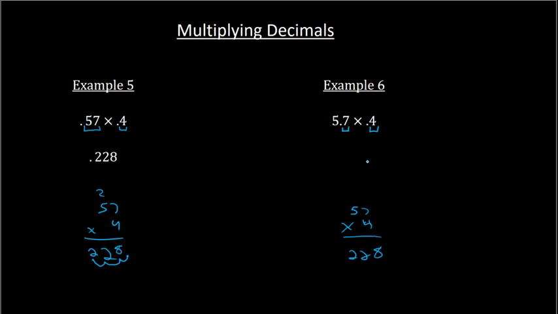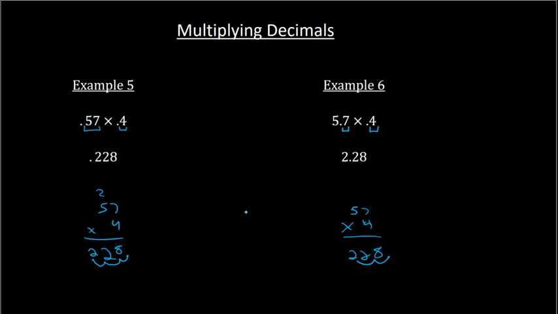So together we have 2 digits after the decimal point, which means we must move the decimal point 2 places to the left with our solution. So that would give us 2.28 as our answer. So that is multiplying two decimals together.